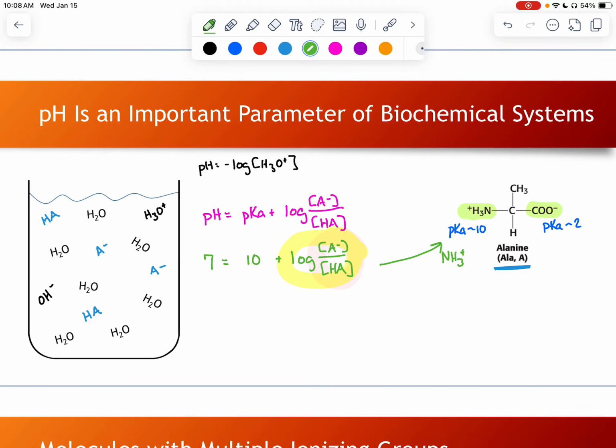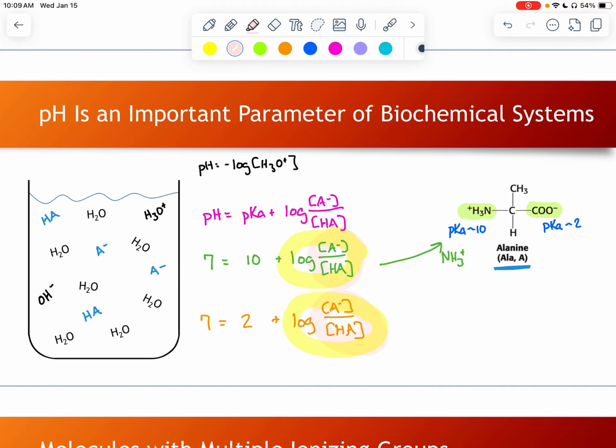All right, we're going to do the same for the other one. Now I still have my pH of 7, but my pKa is 2. Now, mathematically, I can look at this and say, you know what? I need this ratio to give me a positive value. And I know that if that's the case, I need this ratio to be more than 1.